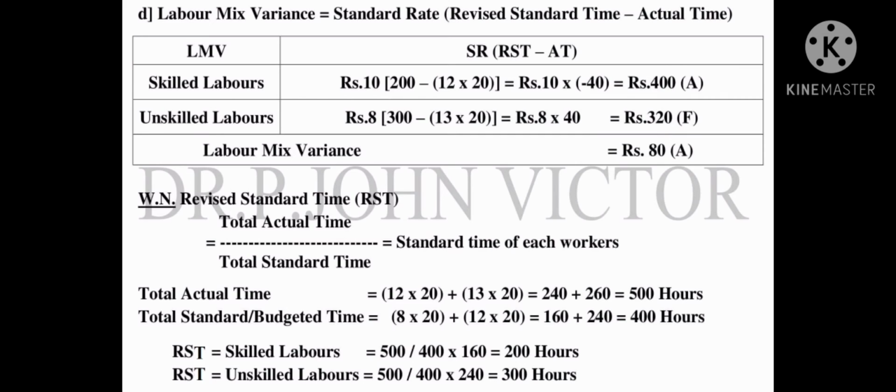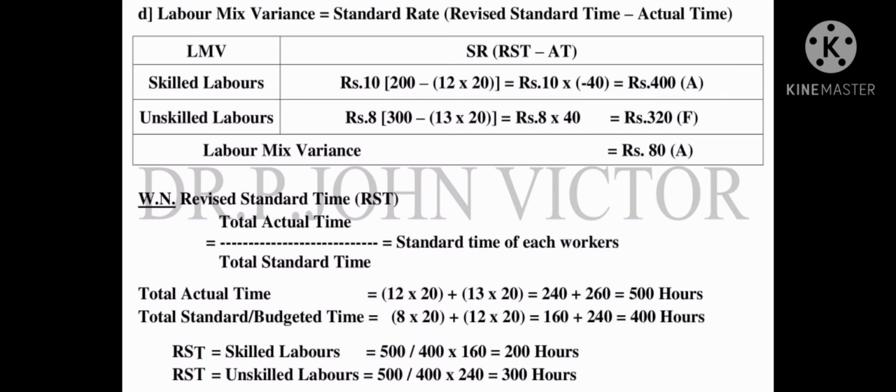Now, total actual time, as per the formula, 12 into 20 plus 13 into 20 is equal to 240 plus 260, totally 500 hours, because we have to first identify the total actual time.